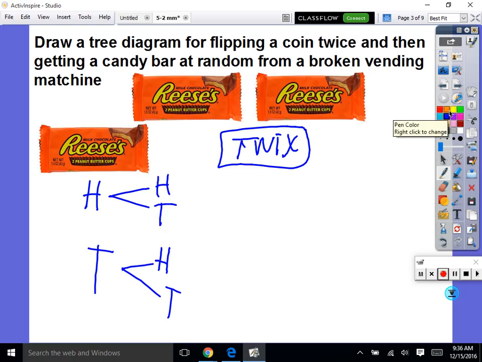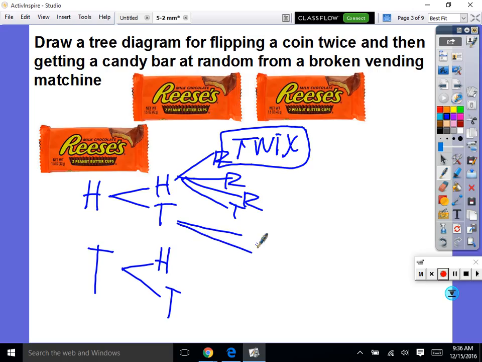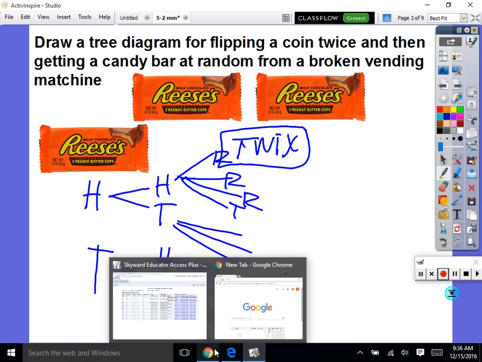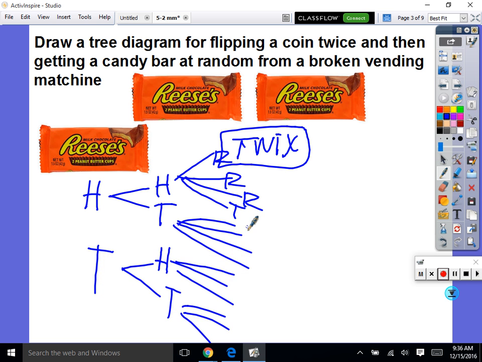When I go to draw out of the machine, I hit a button, I'm either going to get a Reese's, a Reese's, a Reese's, or a Twix. Now, we could write this as 3 Reese's and then Twix, but then we could just add up those, but why not just do this? You know what I mean? It took us an extra second, and we will make sure to not mess up. So that'll be a Reese's, a Twix, a Reese's, a Twix, a Reese's, a Twix, or 3 Reese's, a Twix.